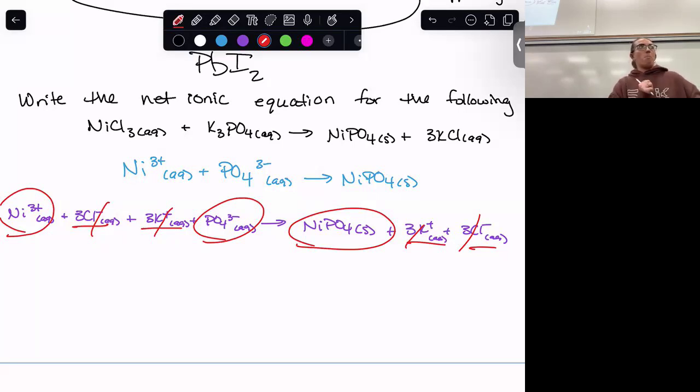Alrighty, any questions there? Okay, how do we feel about predicting the products if something's going to be soluble or insoluble? Do you want to do a little practice with that? Sure.